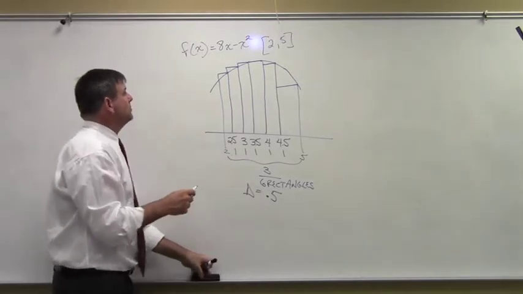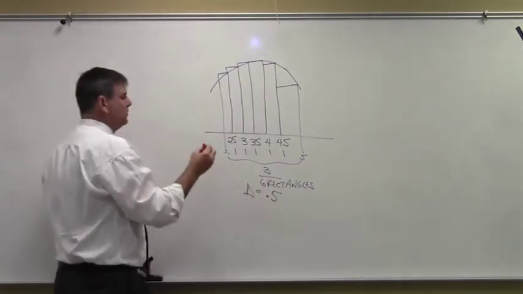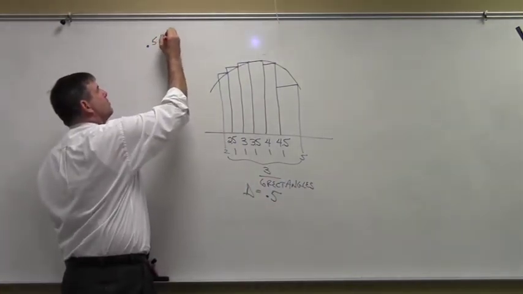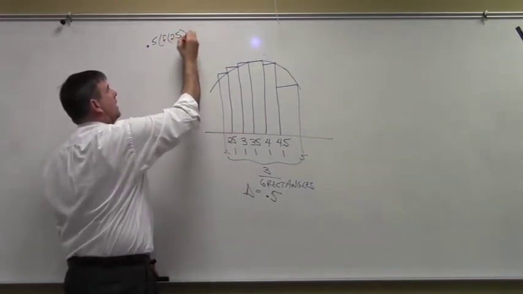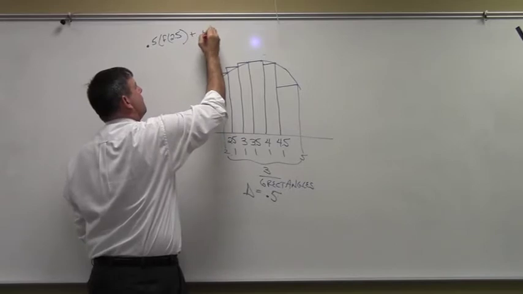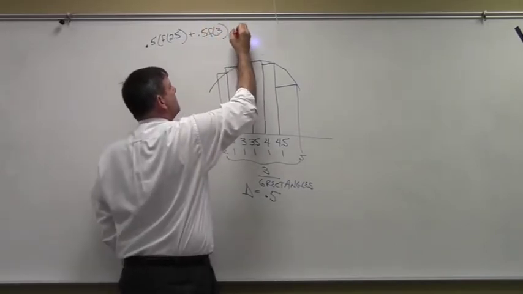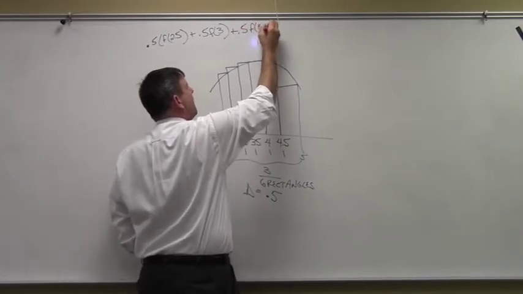And the rectangles, I'm going to erase this guy up here. The rectangles would be a width of 0.5 times whatever f of 2.5 is, plus 0.5 times whatever f of 3 is, plus 0.5 times f of 3.5.